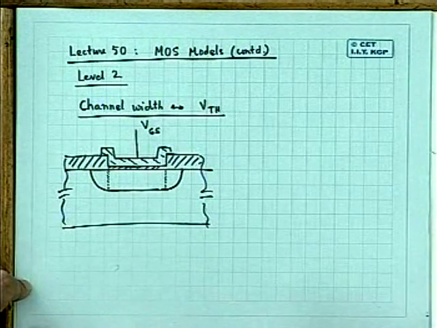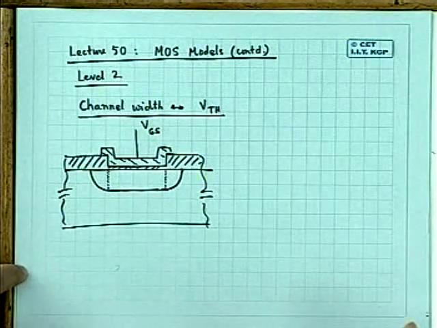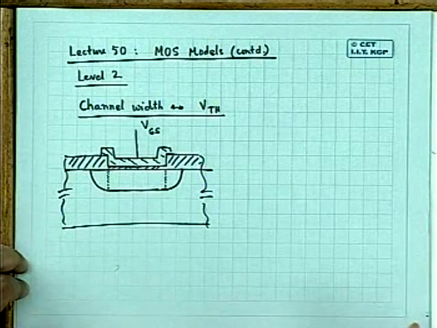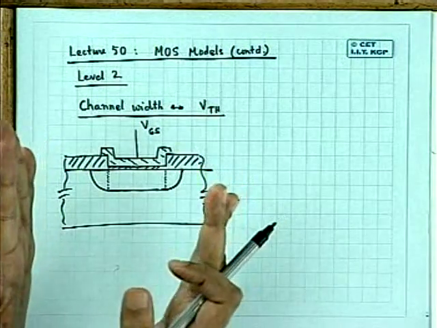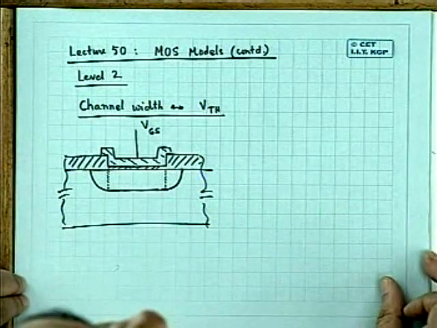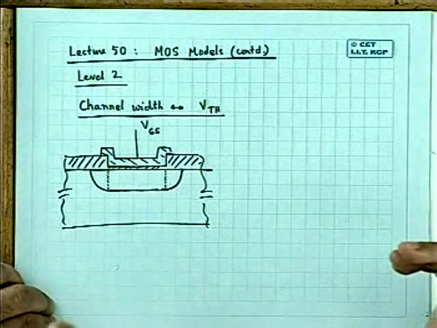And this is more than 1. As a result, the narrow width effect increases the value of the threshold voltage, whereas the short channel effect reduces the value of the threshold voltage.